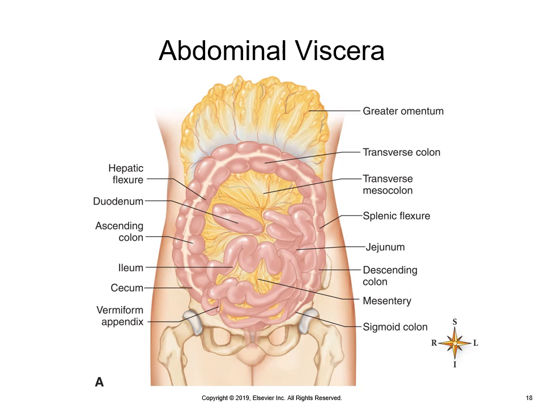In this particular image, our book says it has the transverse colon and the greater omentum elevated. Typically, these are going to be lower, and we're elevating them in this image so that we can see some of these underlying structures.